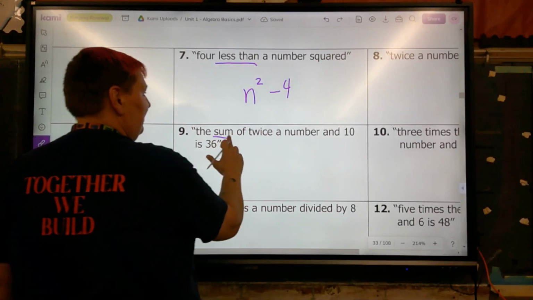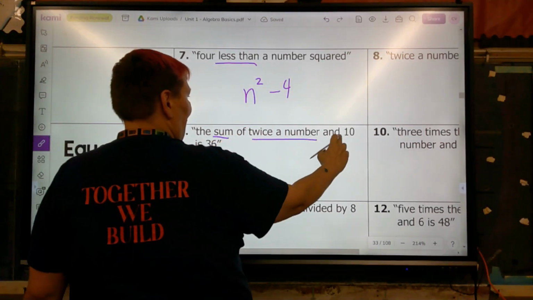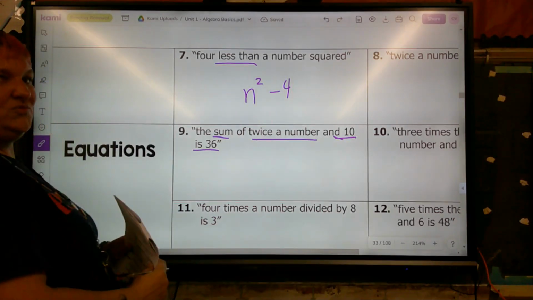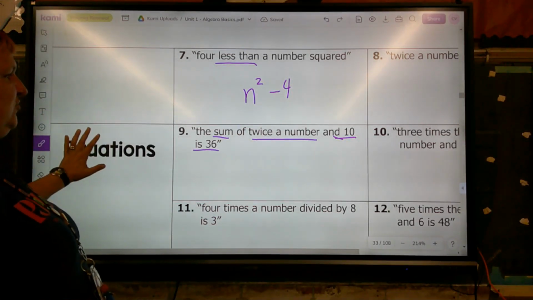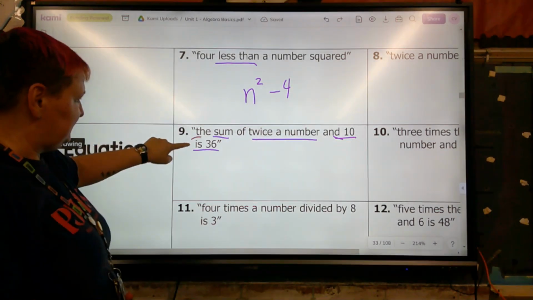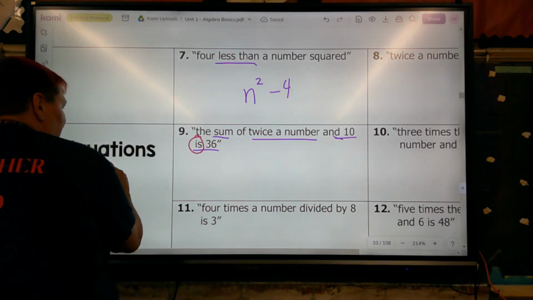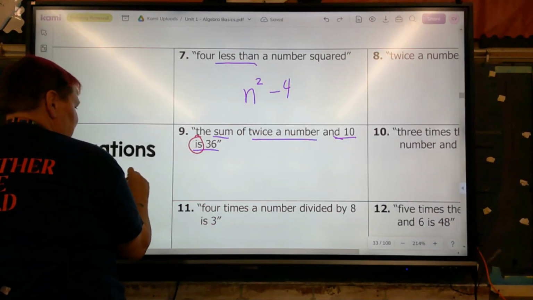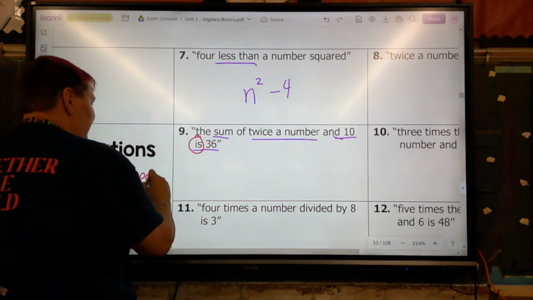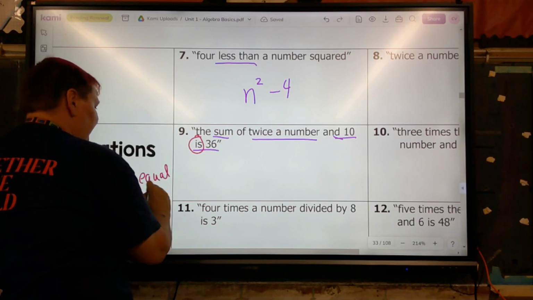The sum of twice a number and 10 is 36. This is when we change from expressions to equations. The word "is" is your equal sign.